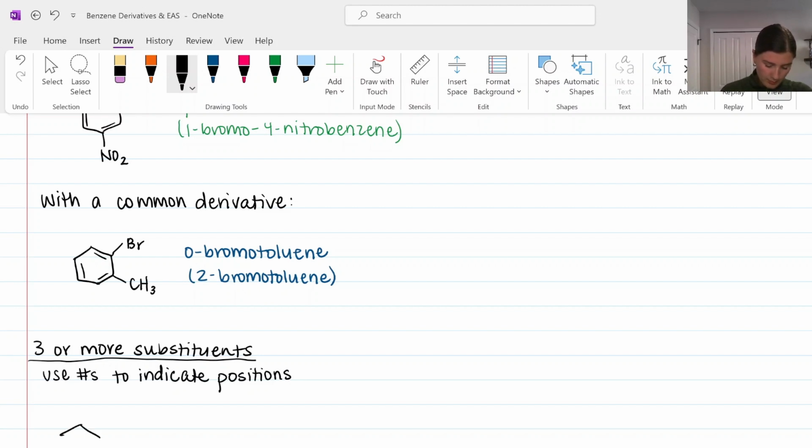So here's an example. Our benzene ring, let's say we have 2 fluorines and a chlorine.